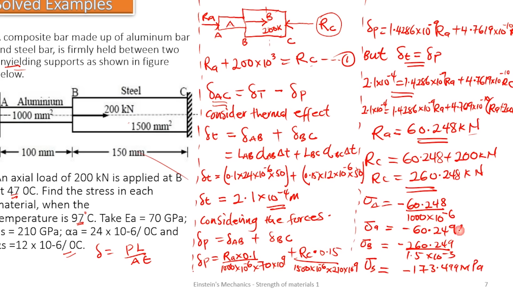This one is also in megapascal. So these will be the induced stresses inside the bar as a result of the force and the temperature effects. You can pause or go back and get it well.